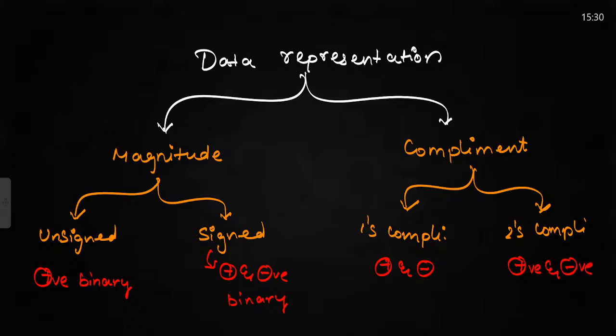So in all four representations, only unsigned will not have a negative number, but all others will have both. So what we can understand is, all positives will be represented in the same way, but the ways of representing negative numbers will change.